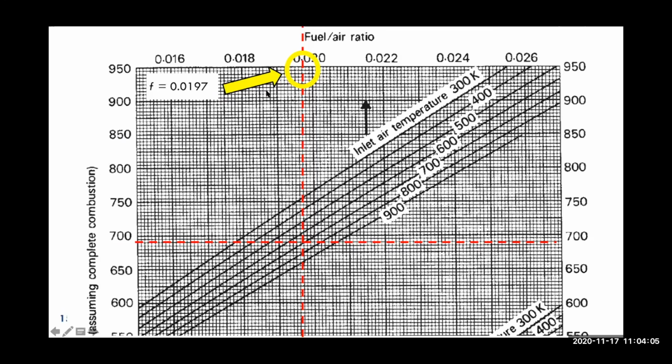Let us see how to use the chart. For the first combustor, we get the value of the combustion temperature rise and the inlet air temperature, and you will get 0.0197. As I said, if you couldn't get the exact value, you may get the value corresponding to it, and maybe 0.20 or 0.19 would be acceptable in that range.